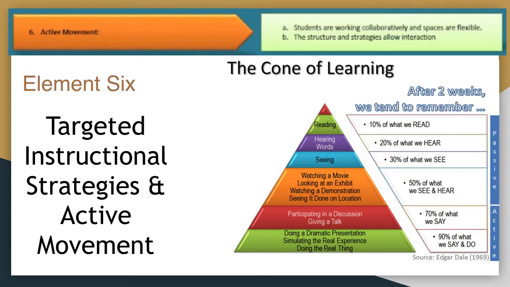The sixth element is targeted instructional strategies and active movement. Connected to the differentiated groups is the need to decide on the essential teaching strategy for that small group of students. Educational researchers have known for decades that a student learns best when teaching is targeted to what she or he is ready to learn.